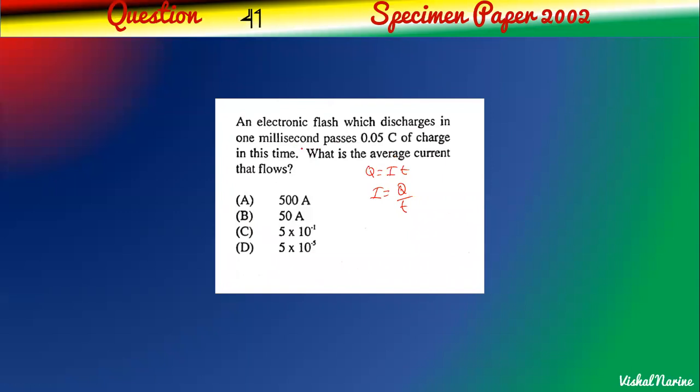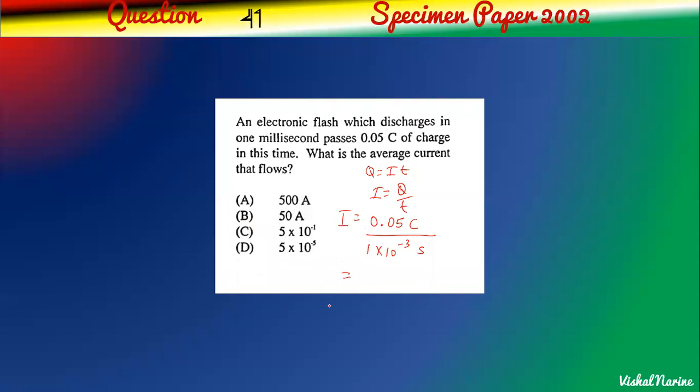The quantity is given as 0.05 coulombs. I is equal to 0.05 coulombs divided by the time, which must be in seconds. However, the time was given in milliseconds, so we have to convert milliseconds to seconds. That is 1 times 10 to the minus 3 seconds.